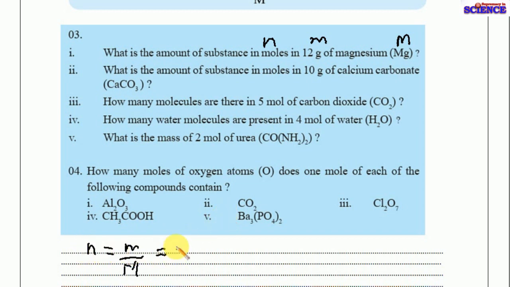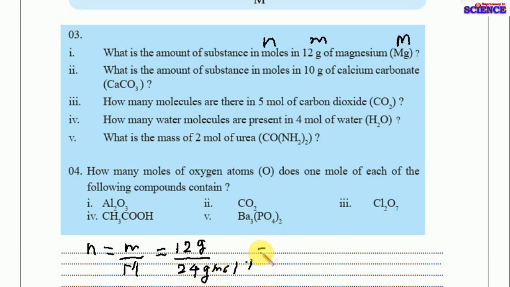The amount of mass is 12 grams, and for magnesium you will get the molar mass in questions, but it's not mentioned here. I will tell you magnesium is 24, so I'll write 24, the molar mass of magnesium, 24 grams per mole.